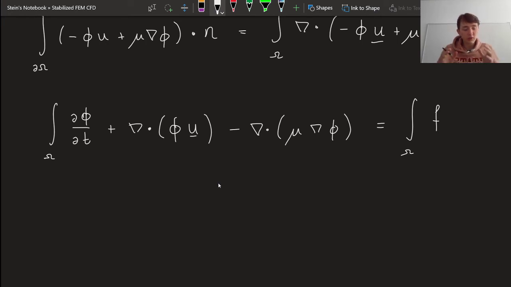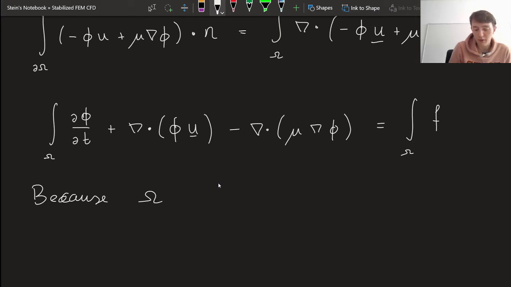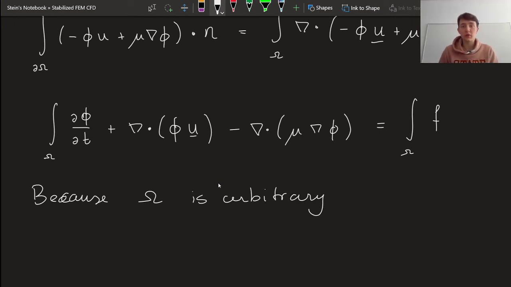In fact, this holds for any arbitrary small, large volume, and since this is the case, this has to hold pointwise. Even though this is a volumetric integral, because our choice of omega is arbitrary, the only way that this is going to hold for any possible choice of omega is if this holds in a pointwise sense.